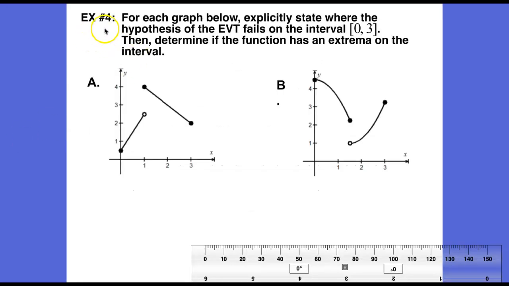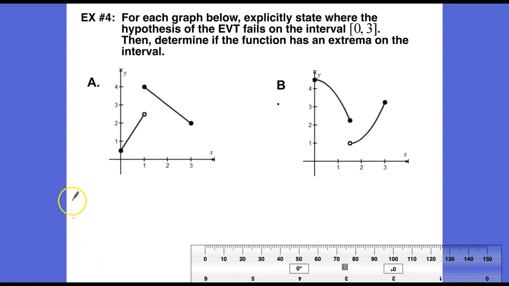In example 4, we're told for each graph below, explicitly state where the hypothesis of the extreme value theorem fails on the closed interval from 0 to 3. Then determine if the function has an extrema on the interval. So in part A, we have this piecewise linear function on the closed interval from 0 to 3, and we can see that we have a jump discontinuity located at x equals 1.